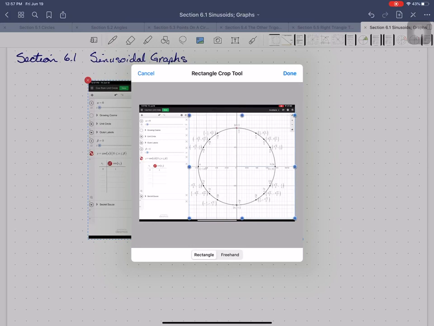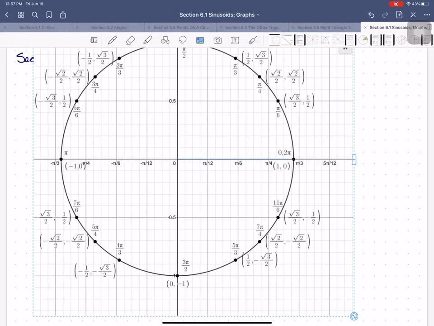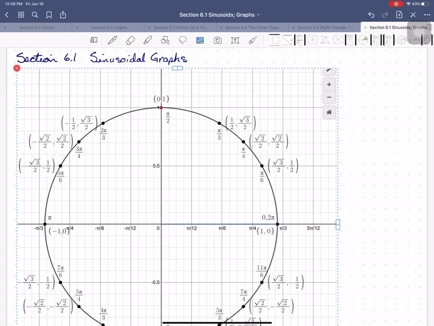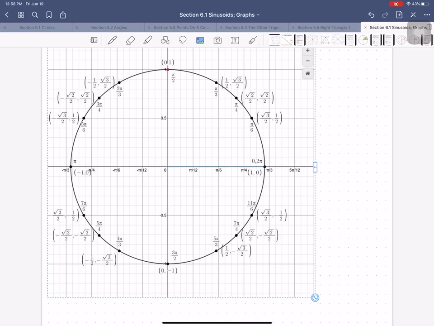It's labeled in multiples of pi, and actually in multiples of pi over 6. We usually label pi over 6, pi over 4, and pi over 3, and we keep on going, because we tend to do this work in radians. We can do it in degrees, but we tend to do it in radians. So this is the radian version of the unit circle.